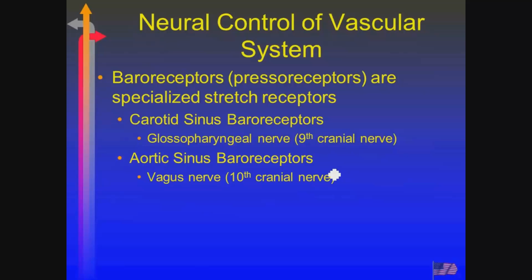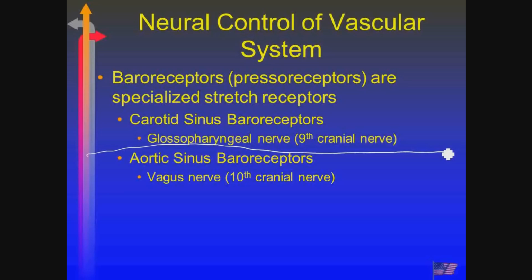The control of that blood pressure is accomplished through baroreceptors, which are basically receptors within certain arteries, specifically the carotid and the aortic. They have little sinuses where these receptors are located. And basically they respond when they sense a drop in pressure by sending an impulse back to the brain to say, hey, we got a problem here.